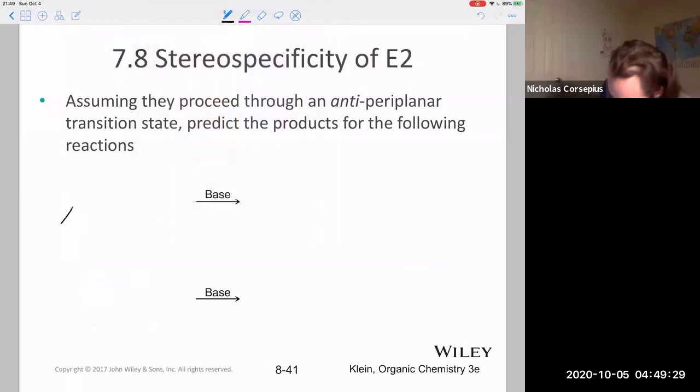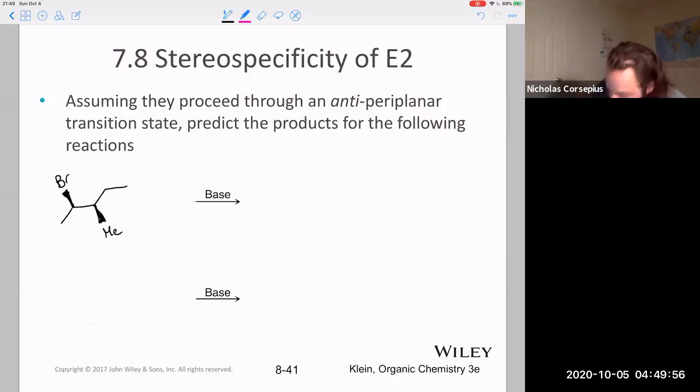By that, I mean we almost always keep the carbon backbone of the alkane in the plane of the page, and our substituents would be like our bromine coming off or a methyl group coming off. Right, so now how would we figure out what the product of this is?